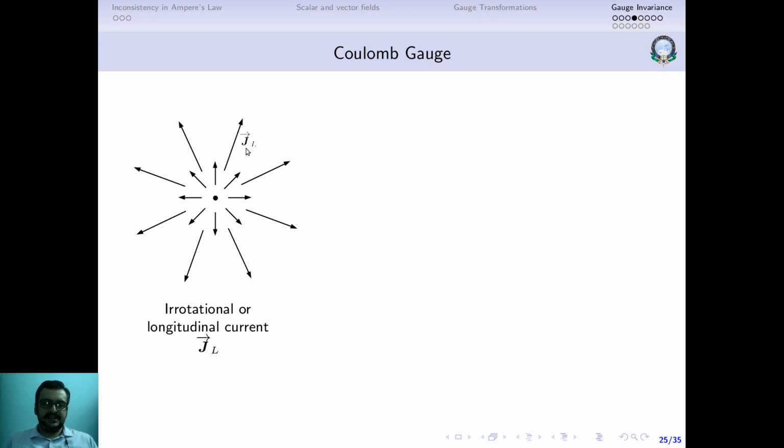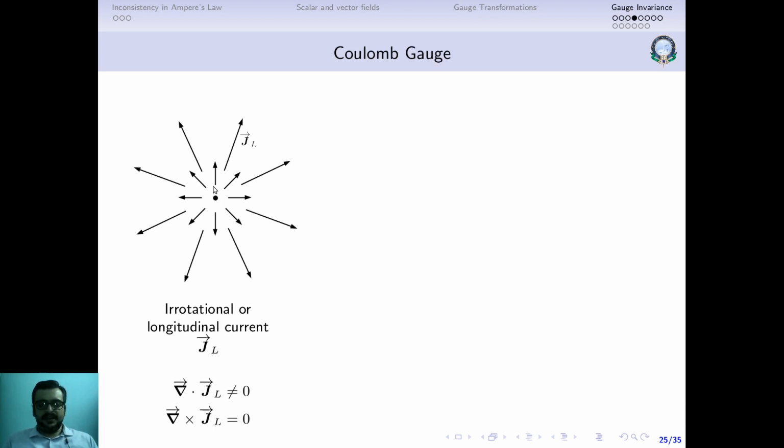We'll call it JL. Because this is irrotational, its curl will be 0, but it's diverging out from a point, so its divergence will not be 0. That means the divergence of JL will be non-zero, and the curl of JL will be 0. So the curl of the irrotational current is 0, but the divergence is non-zero.